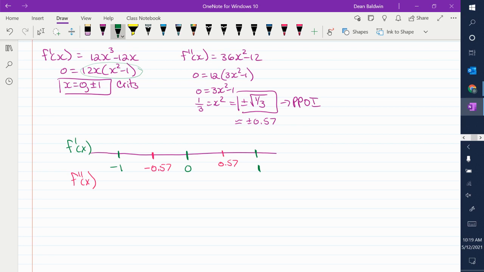Negative, because -2 times 12 is negative, and -2 squared is 4, minus 1 is positive. So I get a negative number. The first derivative is negative here, which means the graph is going down.